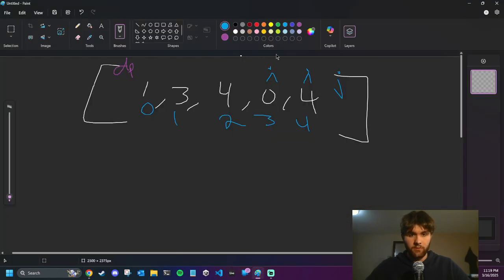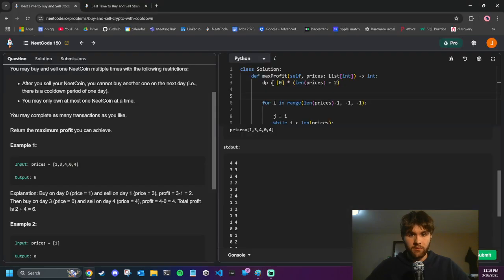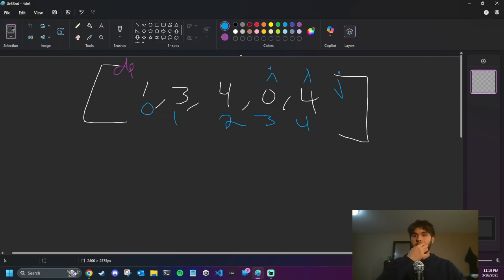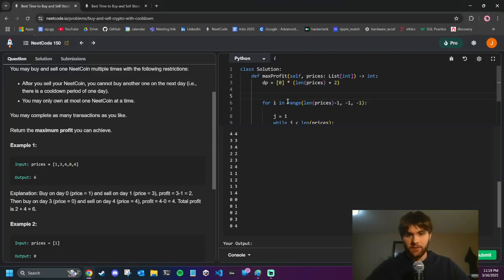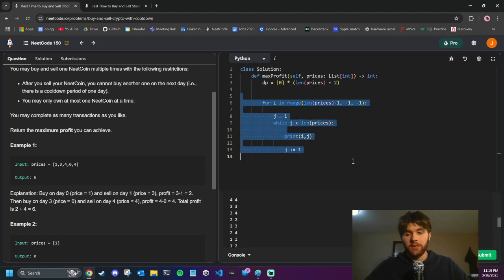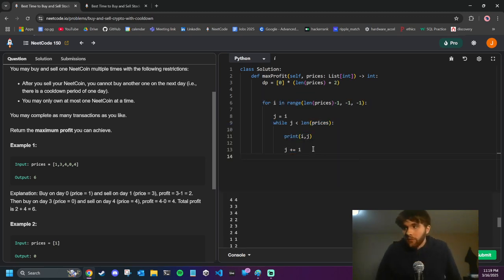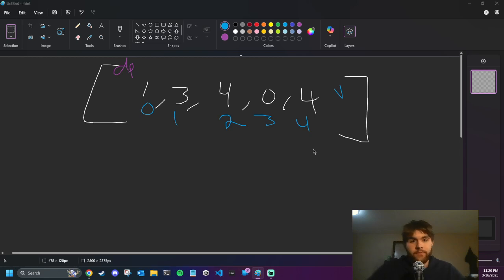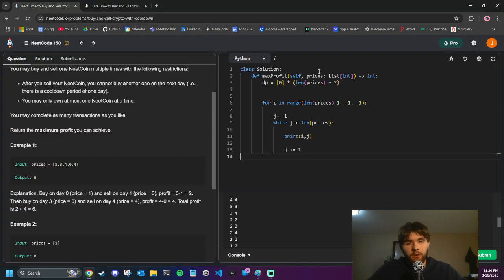Yeah, so 4, 4, 3, 3, 3, 4, 2, 2, 2, 3, 2, 4, 1, 1, 1, 2, 3, 4, 0, 0. Okay. Great. So this is n squared. So if I can do the algorithm here, it would be n squared, which I think is good. For a 2D dynamic programming problem, I think n squared is what you're going for. Okay, so now what do we want to do?